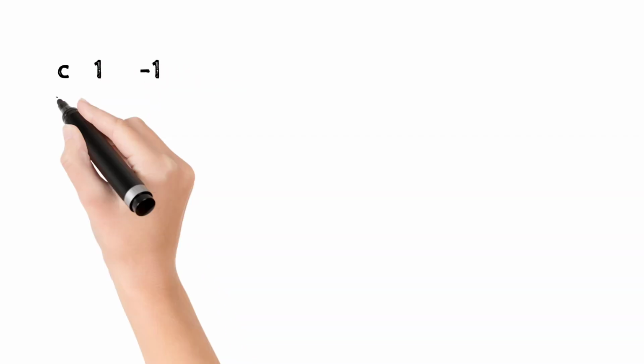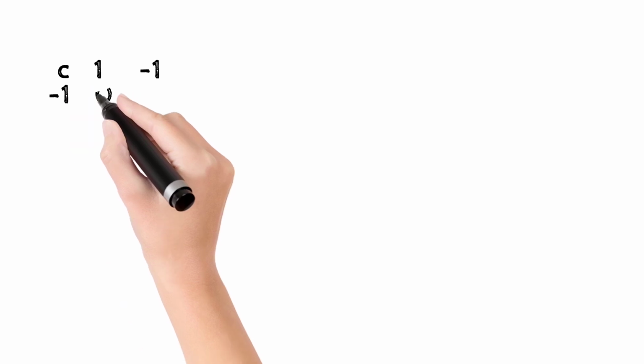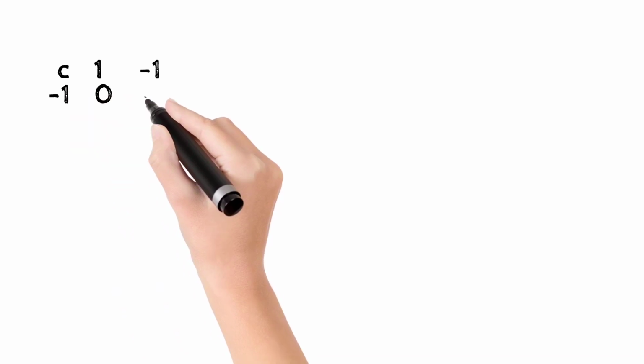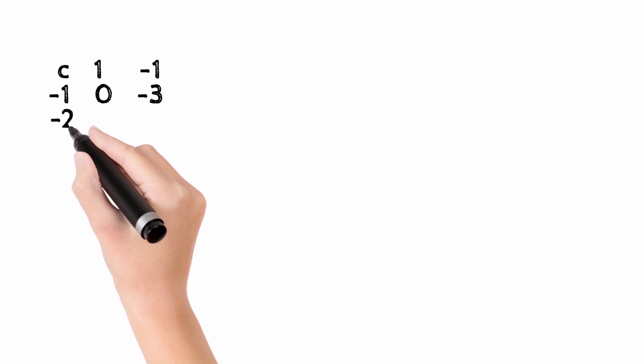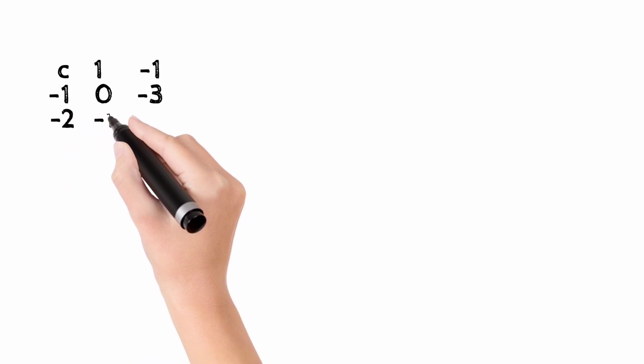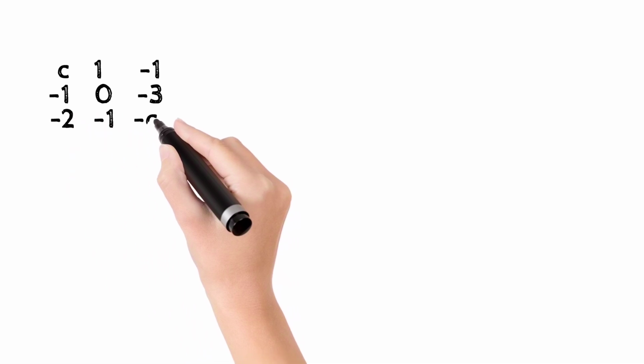So at first we'll write the 3 vectors in this form, that is c, -1, -2, then 1, 0, -1, and then -1, -3 and -c.